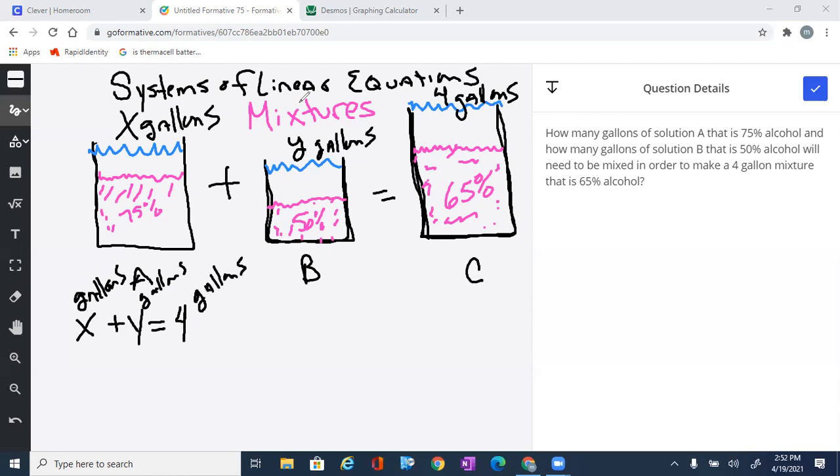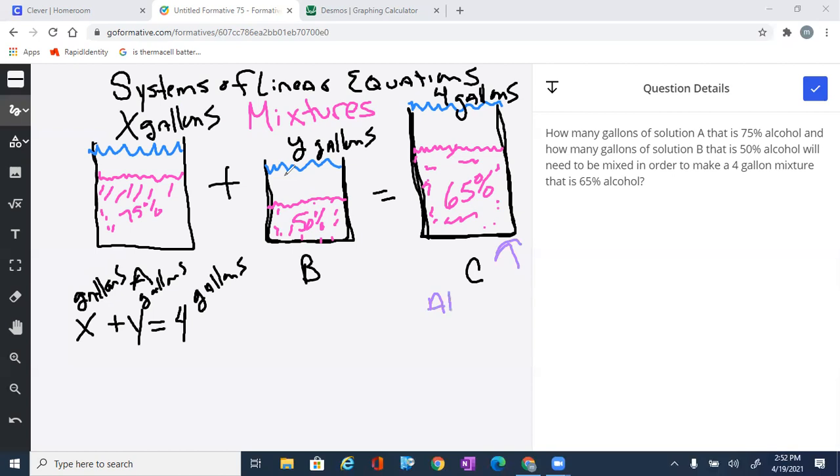Now, our next equation has to deal with the amount of alcohol that is in each one of these containers. For example, if I look at the result, which is right here, the 4 gallons at 65%, I can easily figure out how much alcohol is in that 4 gallons. How can I do that?